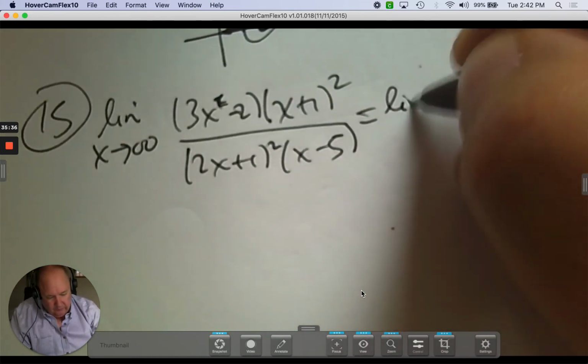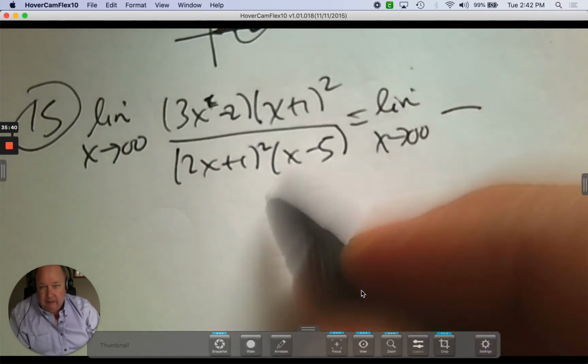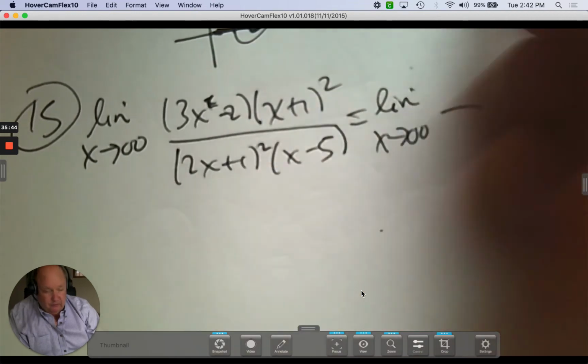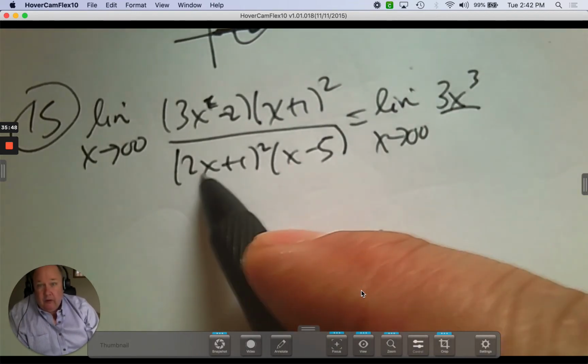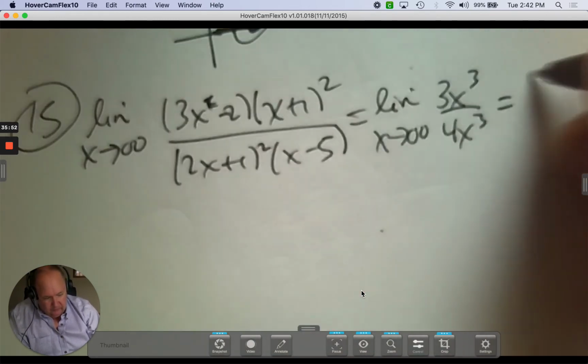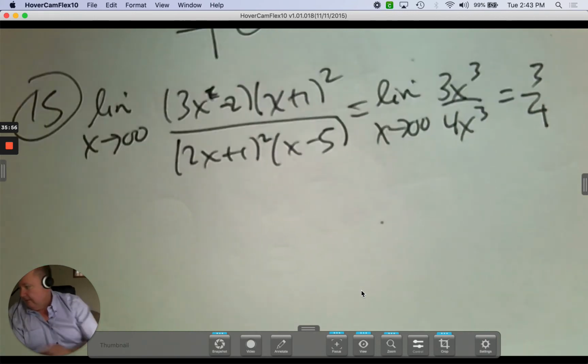So that's equal to, if you just saw the power on top and on the bottom, this is x squared times 3x. So it's 3x cubed. This is 4x squared times x, which is 4x cubed. So the x cubes divide out, and the right end behavior goes to 3/4.